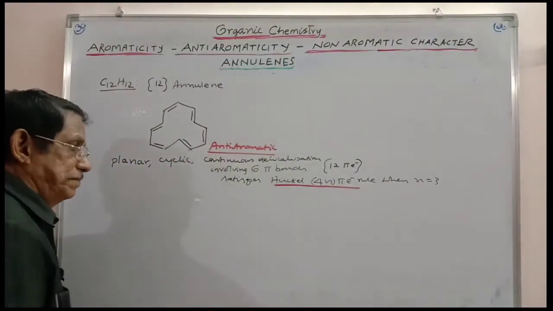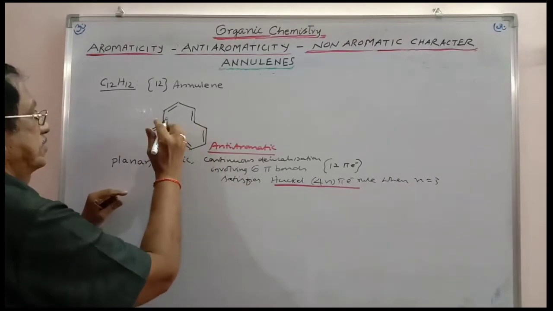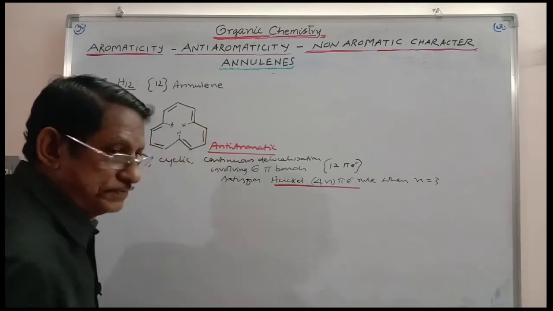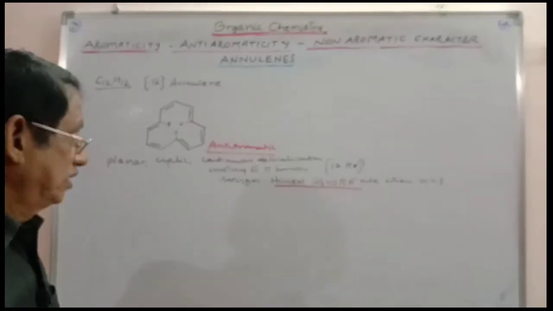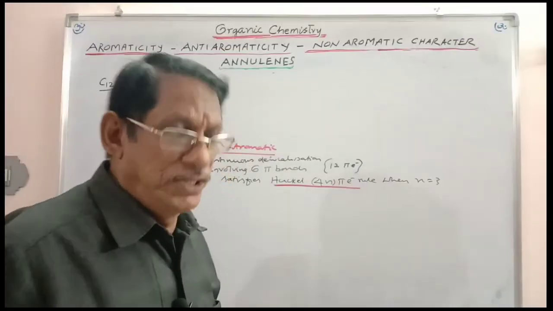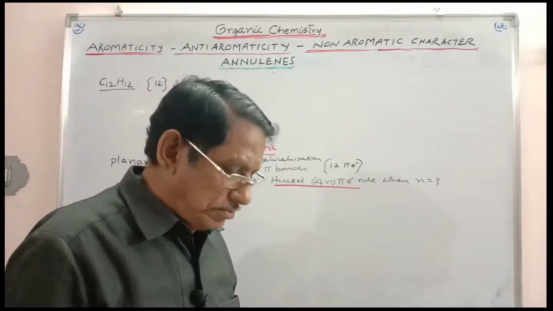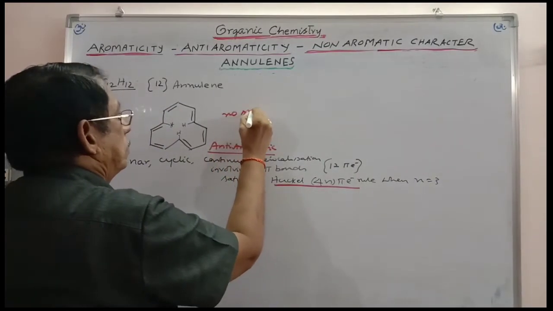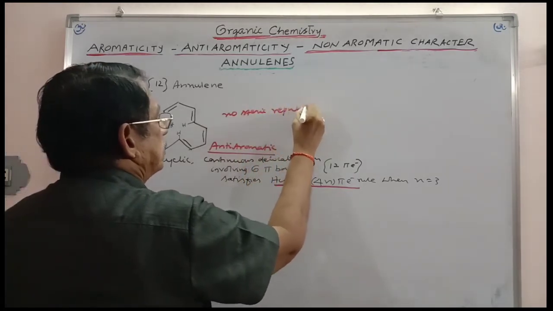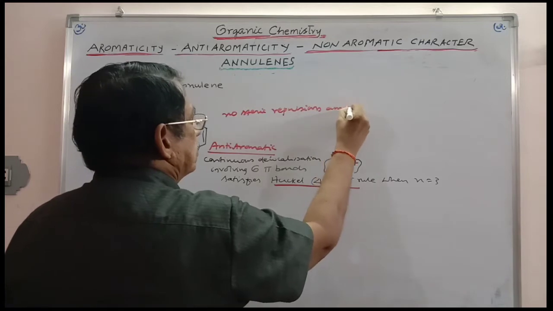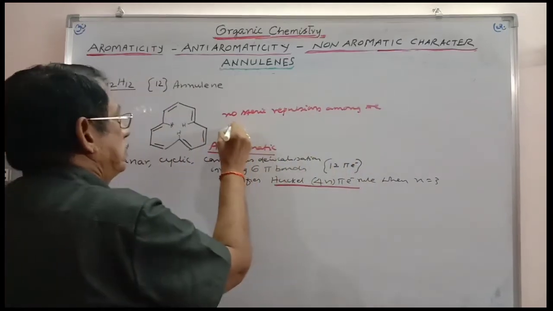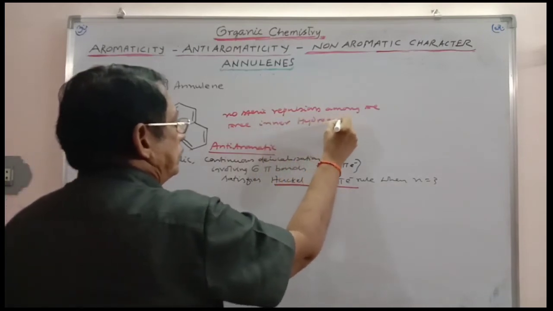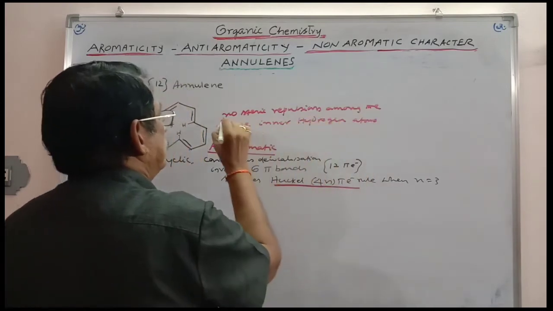And here, how can you say? These are the inner 3 carbons. This is 1st hydrogen, this is 2nd hydrogen, this is 3rd hydrogen. Inner hydrogens are there, but they are far away. There are no steric repulsions among these 3 inner hydrogen atoms.